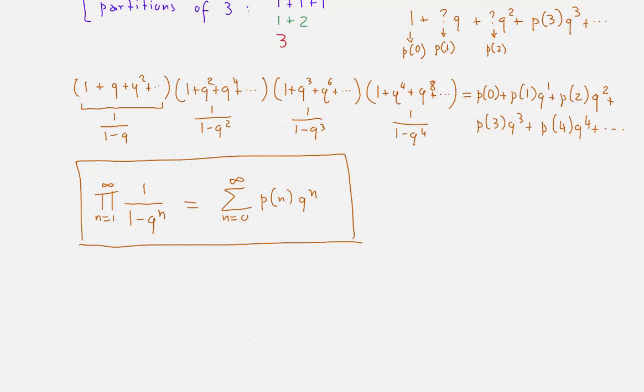And you will see with this as a starting point how Euler eventually solved the problem. So yes, this is an amazing formula, and it's of vital importance in understanding how q-series work.